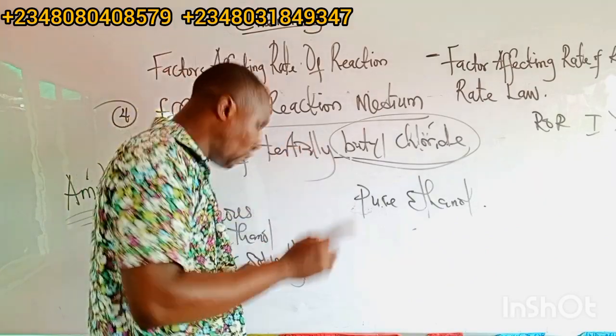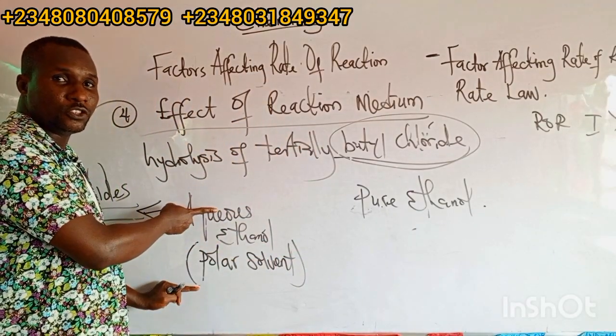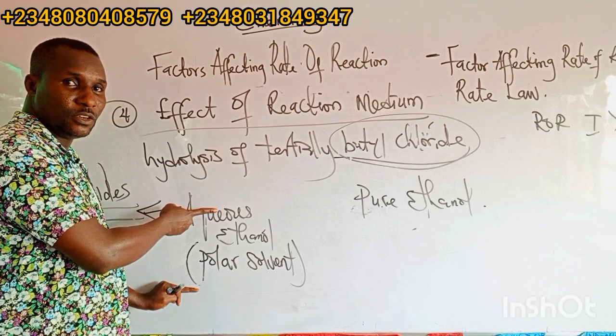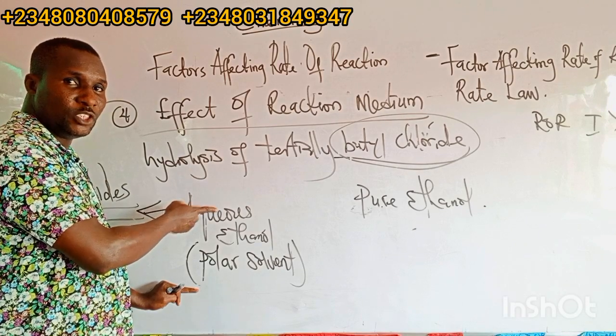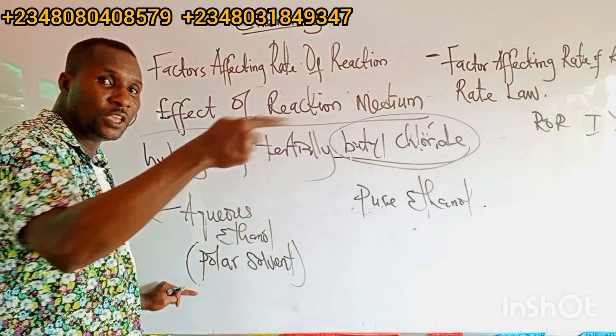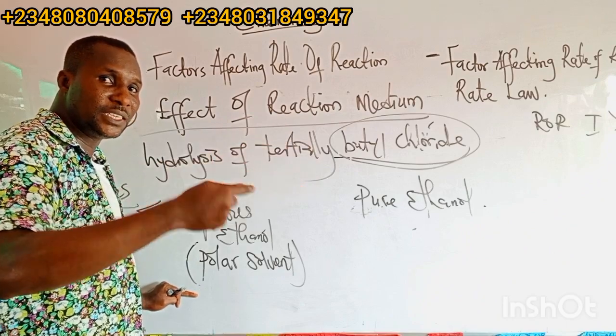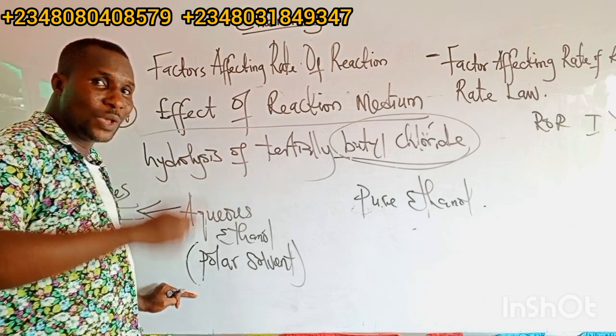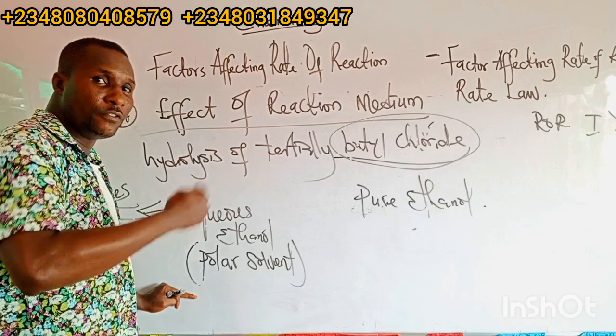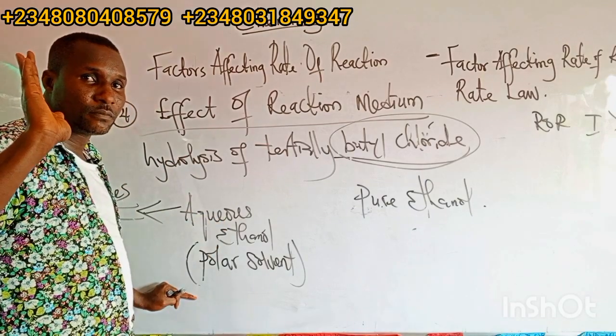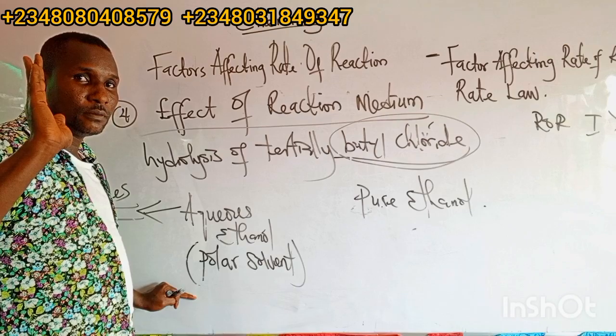What is responsible for that? The polarity of this substance. That means polarity increases rate of reaction. The only time polarity decreases rate of reaction is when the viscosity of the polar solvent is increased. Take note of that. Please take note.